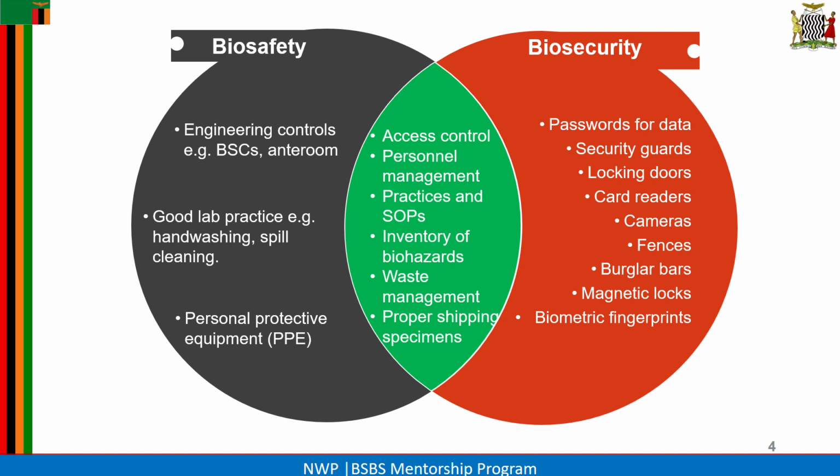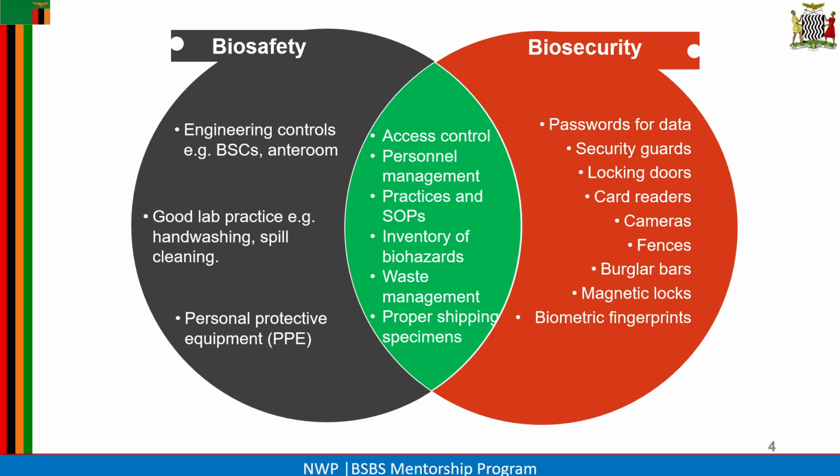Then also, if you're using proper triple packaging, for example, it means that you would prevent the spilling of these agents whilst they're being transported. And if you are preventing that, then you are also making sure that no one gets exposed to these biological agents, either intentionally or unintentionally, during transportation, and therefore it's acting as both biosafety as well as biosecurity.